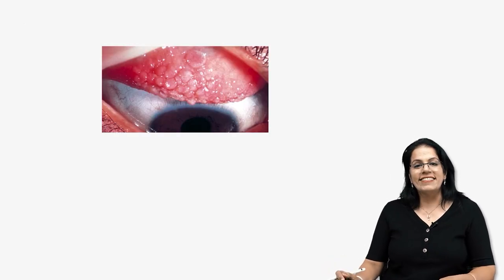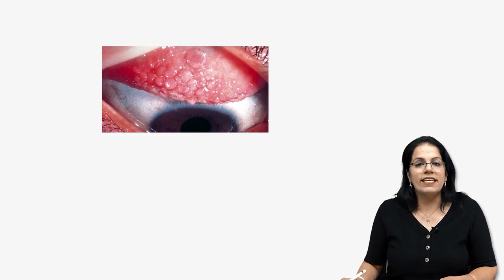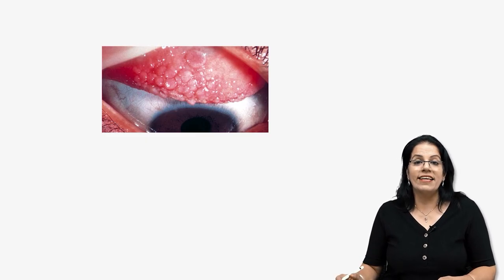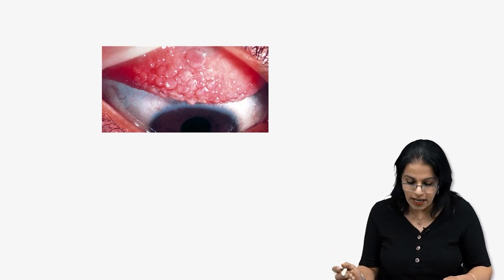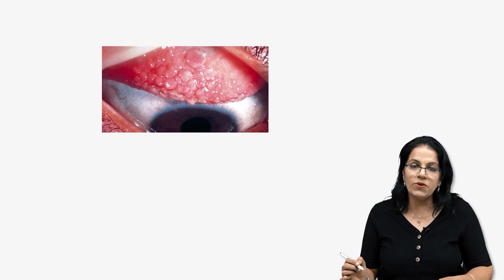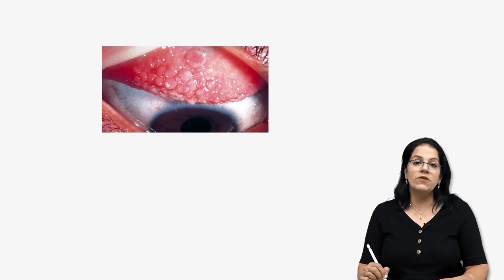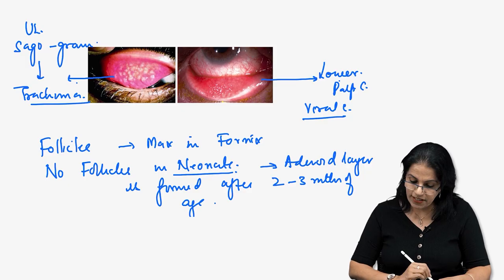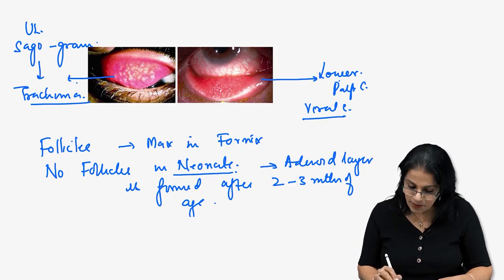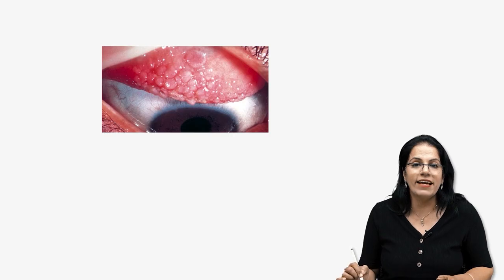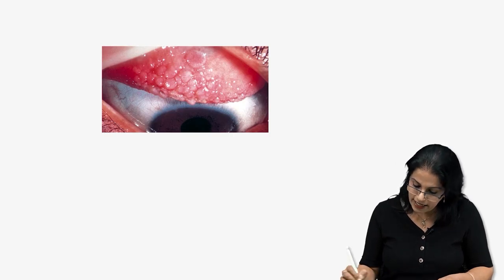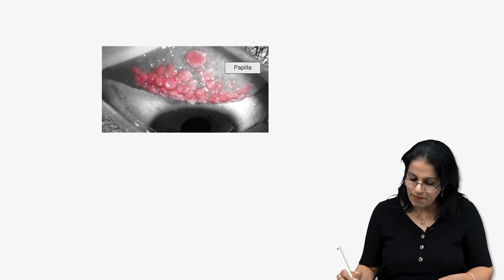Which is this sign? We are just talking about signs that you can see on examination in conjunctivitis. Can you see these areas are not round? Though they are elevated, they are not roundish like in the case where you could see the follicles. That one is more elevated and round, but this one is flat. These flat raised areas are called papilla.